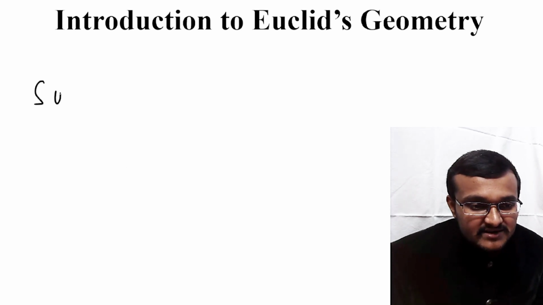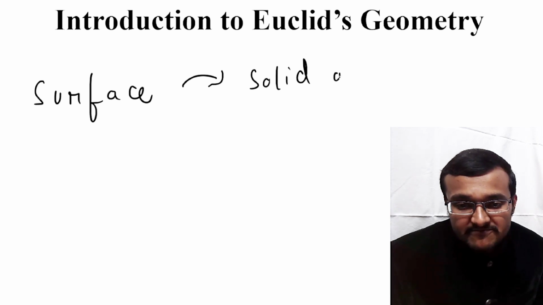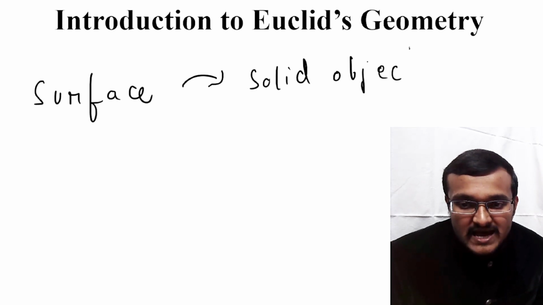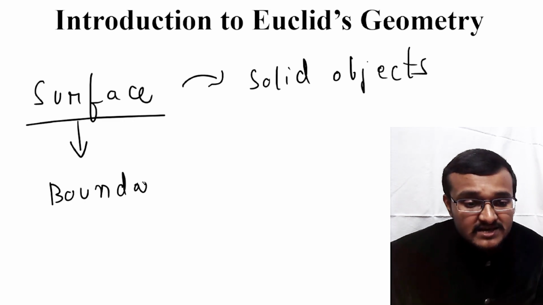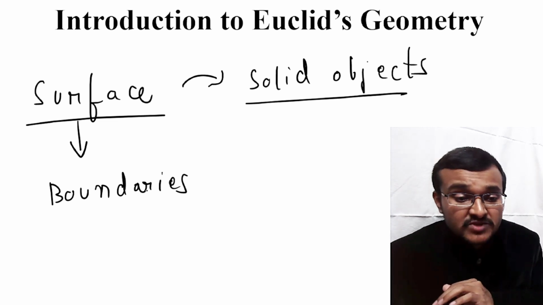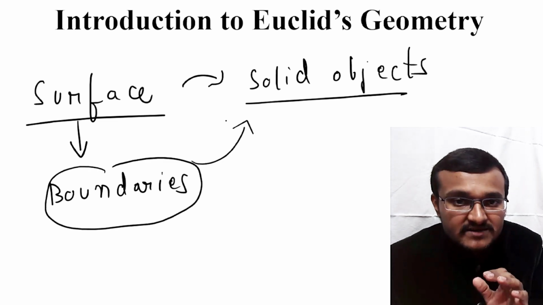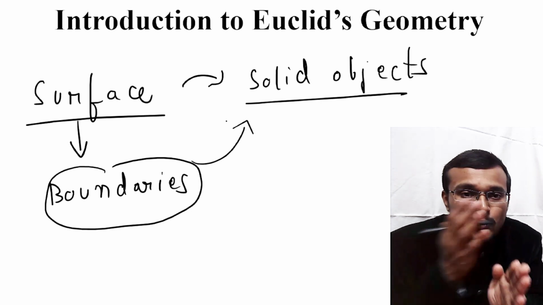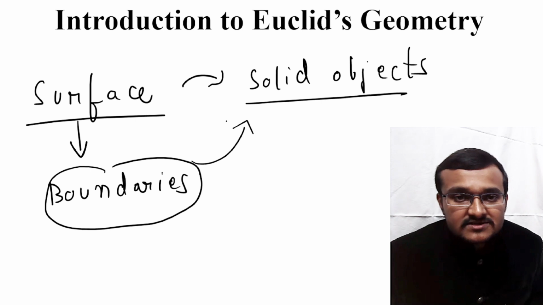So he came up with another term called surface. Every solid object has its own surface. These surfaces are the boundaries of solid objects. The boundaries of a solid object separate one part of the space from the other part of the space.